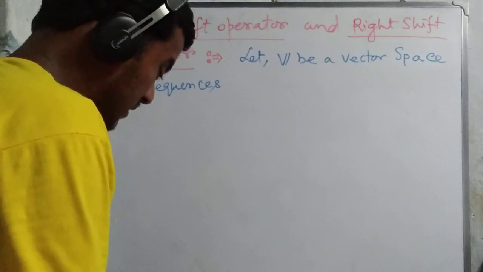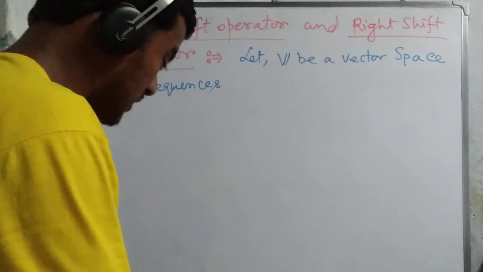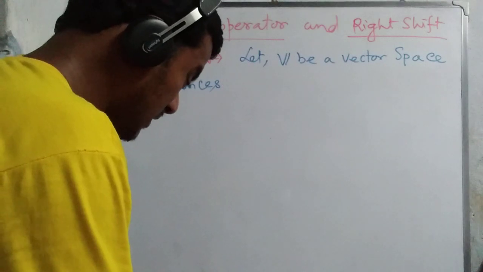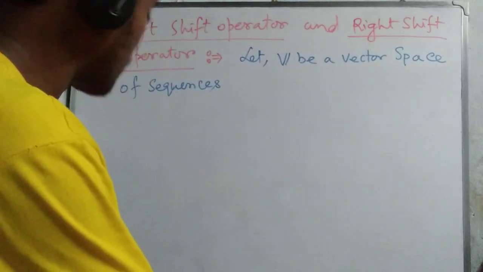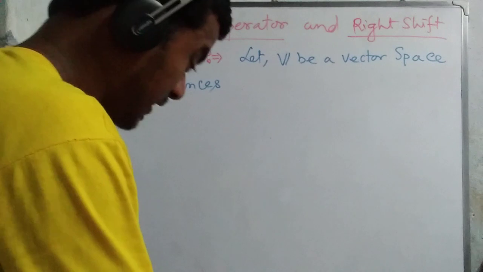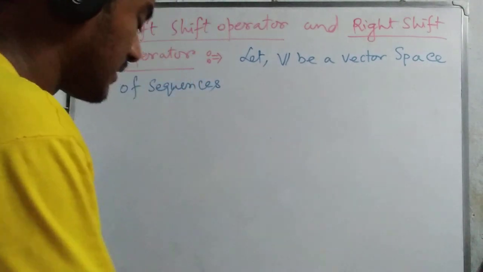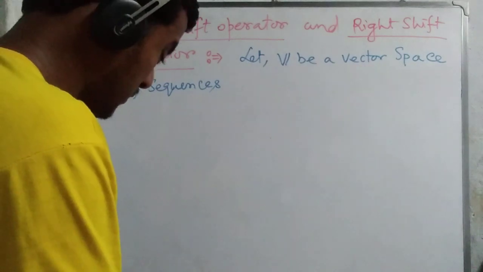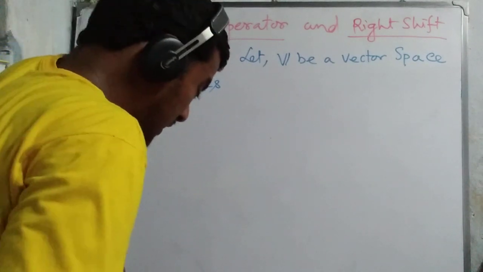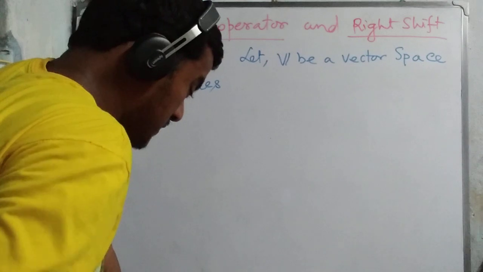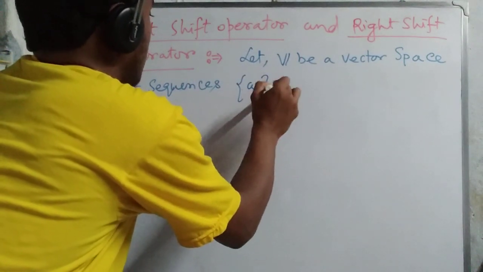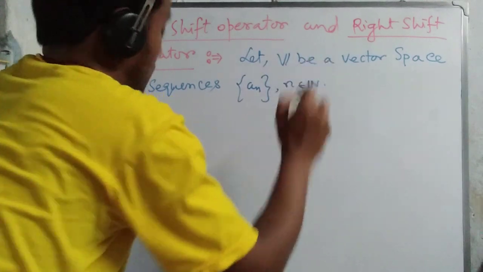That means we also know about these sequences, a1, a2, ..., an in this way. So we write it here: V is the vector space of sequences a1, ..., an, where n belongs to the natural numbers.